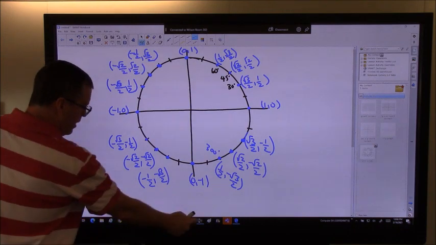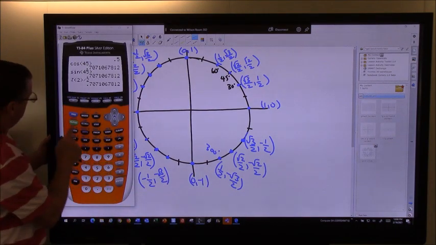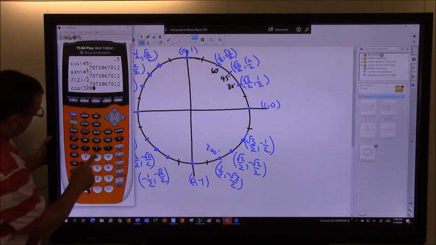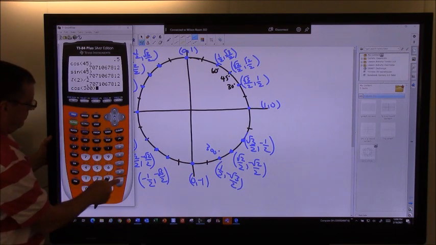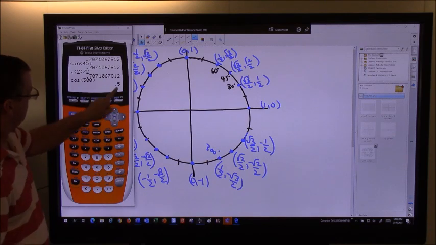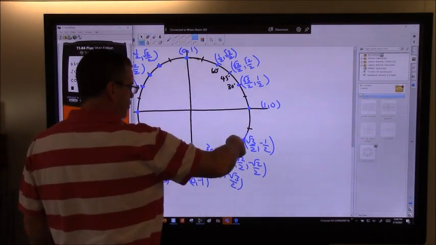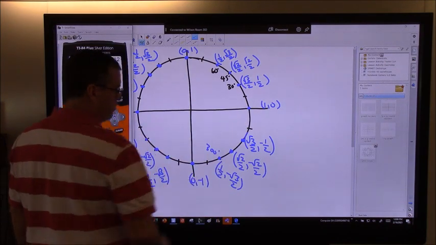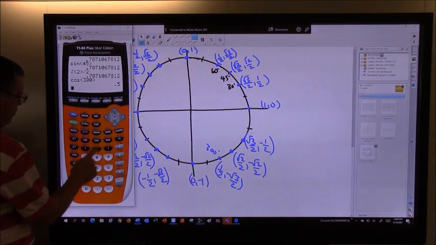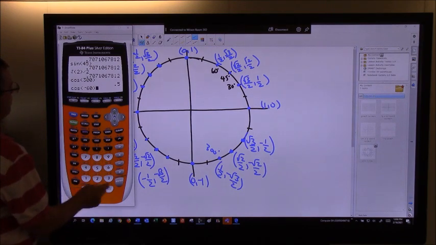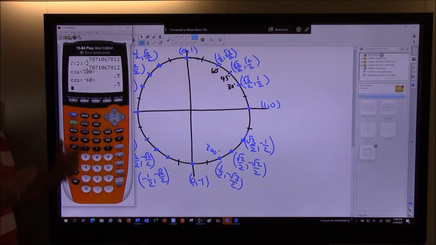So if I go to my calculator and I do the cosine of 300, I should get 1/2. 0.5, 1/2. What if I went this direction? This is a negative 60 degrees. What if I said cosine of a negative 60 degrees? Still 1/2.